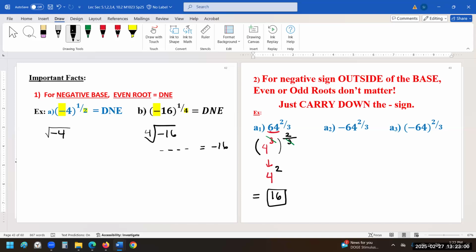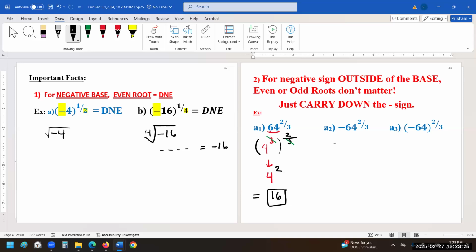What is happening in the next one? It's negative. So is our base negative or is this negative extra? What's the difference between them? This negative is extra. Good. The difference between these two is that our base is negative here because of the parentheses. But no parentheses means extra. It's just like a multiplication.